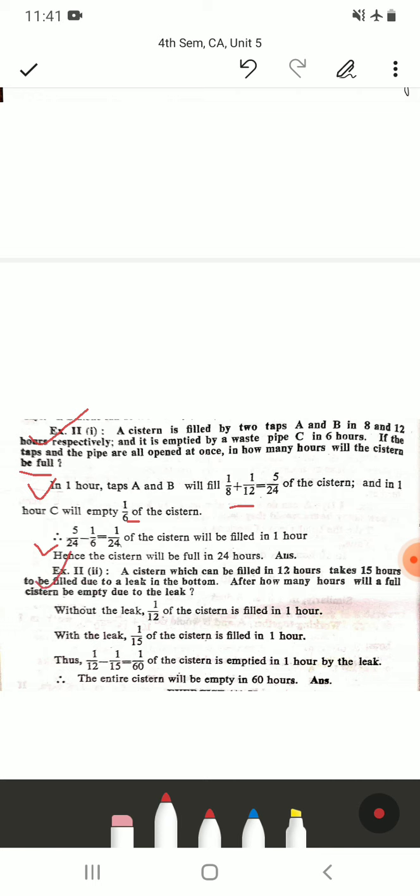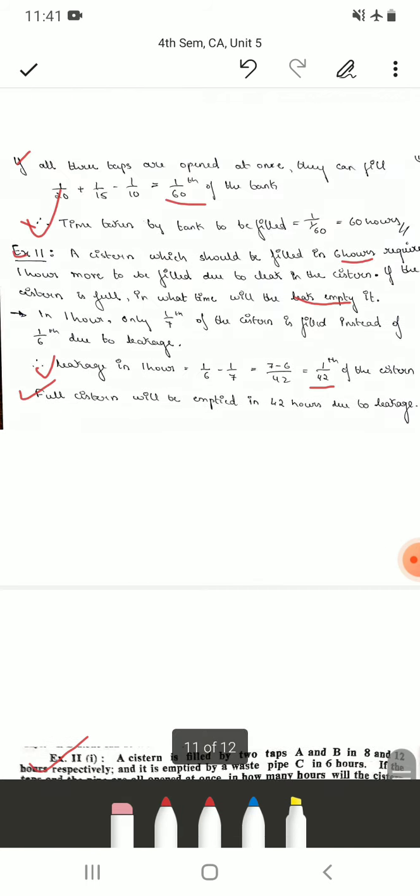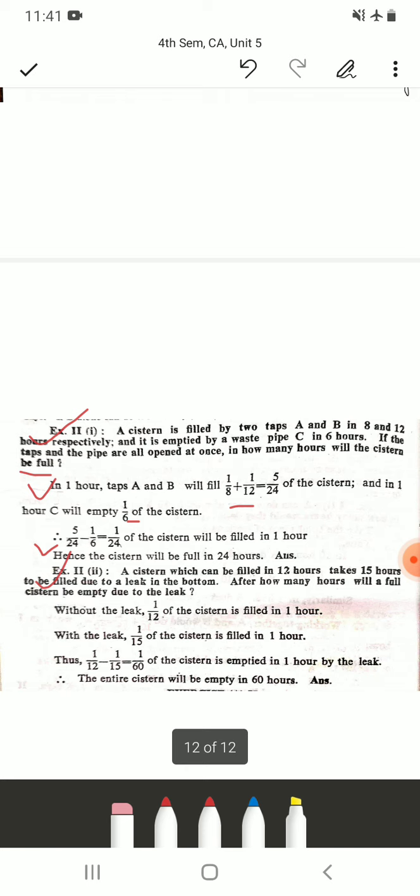So the last question is, a cistern which can be filled in 12 hours takes 15 hours to be filled due to a leak in the bottom. After how many hours will a full cistern be emptied due to the leakage? So this question is very similar to the 11th problem. Without the leakage, 1 by 12th of the cistern is filled in 1 hour, using this information.